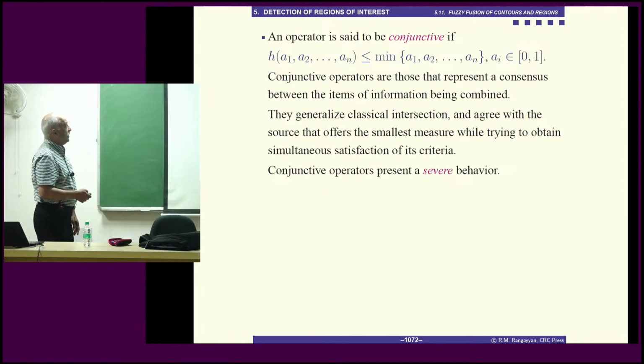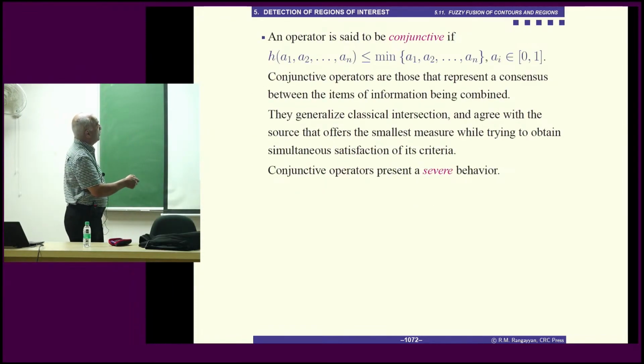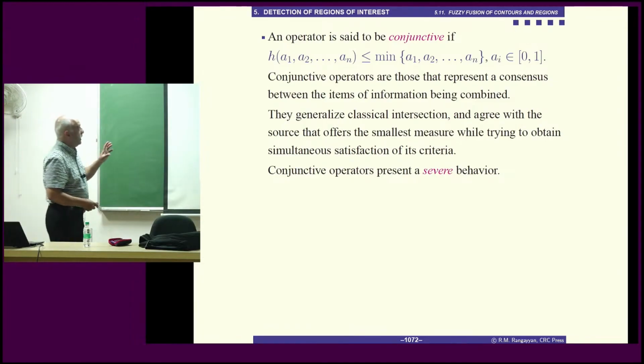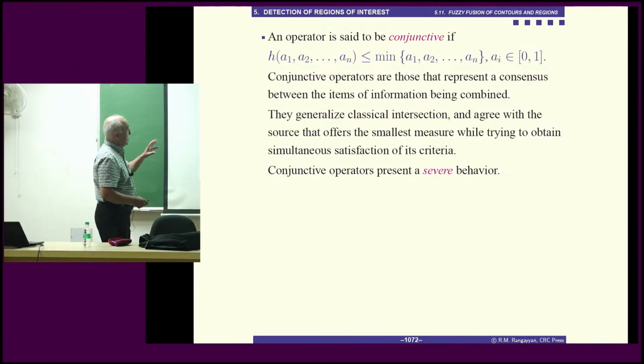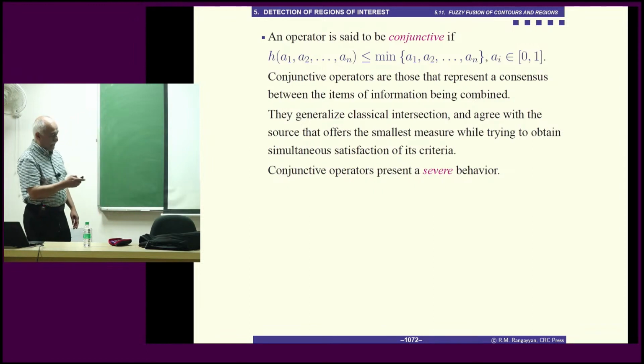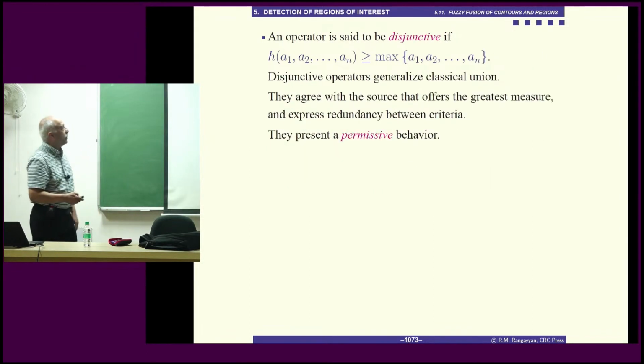An operator is conjunctive if when you combine a number of these inputs, the result is less than or equal to the min of all of these put together. That's a consensus. It is developing a consensus between these. It is a generalization of intersection, and it is severe behavior because the result is lower.